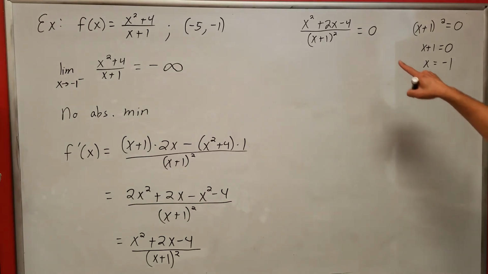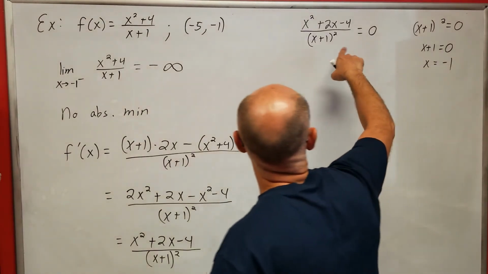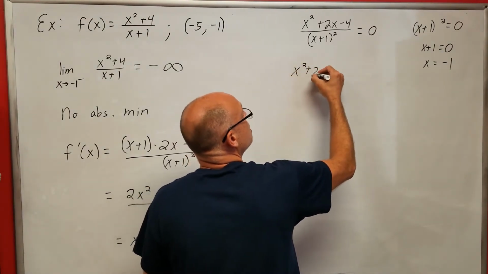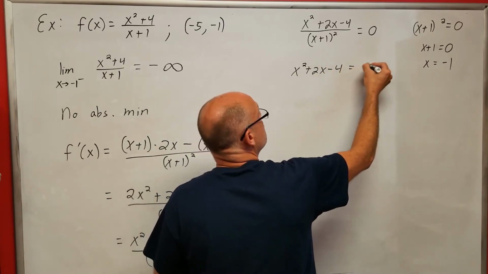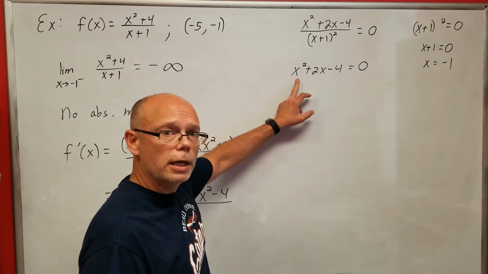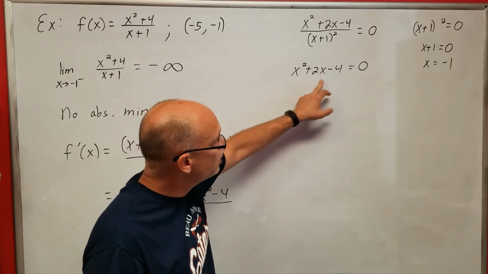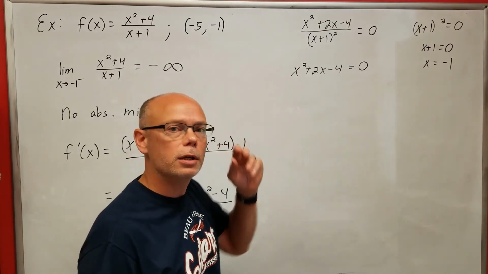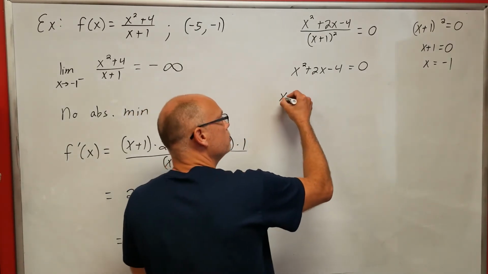All right, let's solve this. Let's multiply both sides by the LCD. So x squared plus 2x minus 4 is equal to 0. Now we have a quadratic equation. I could try to factor, but I'm not going to get anywhere. So if I can't factor this quadratic equation, I'm going to use the quadratic formula.